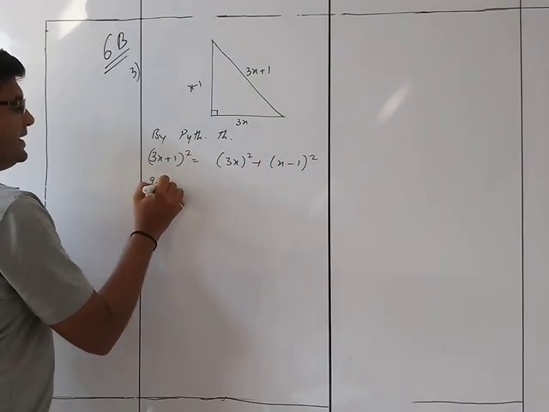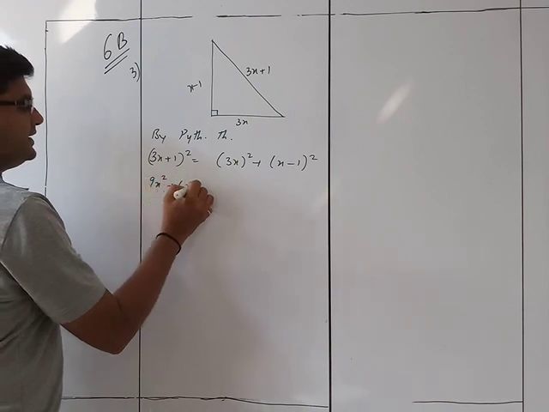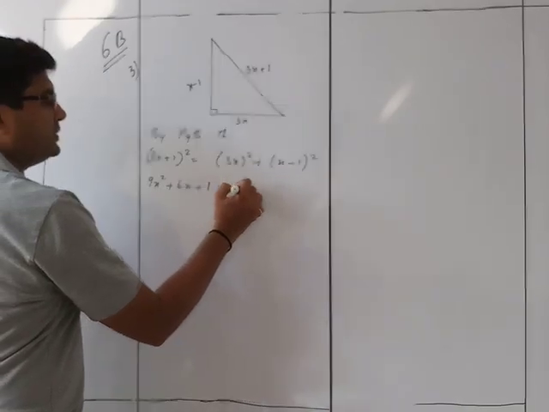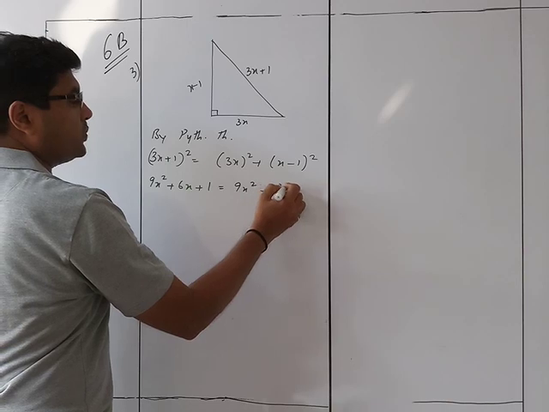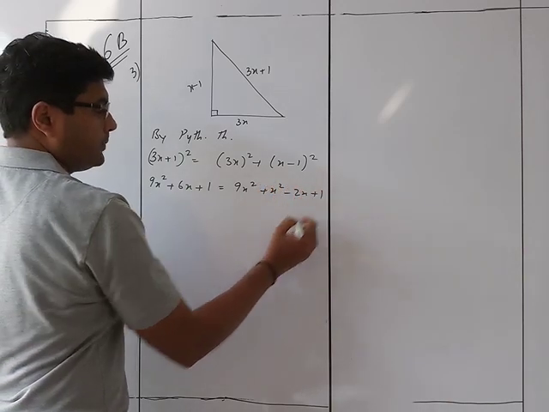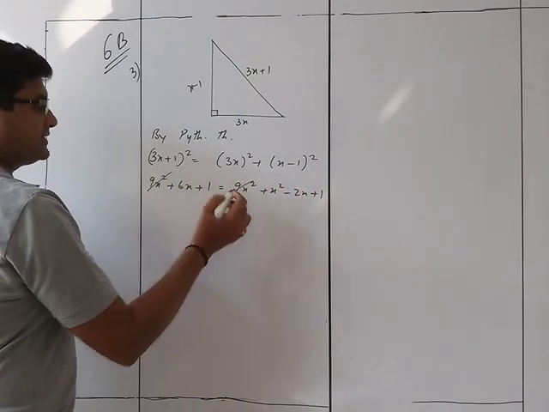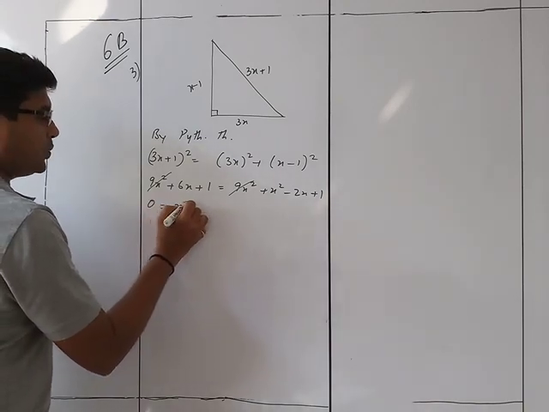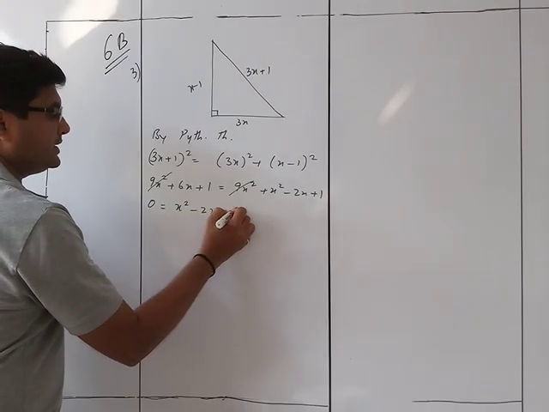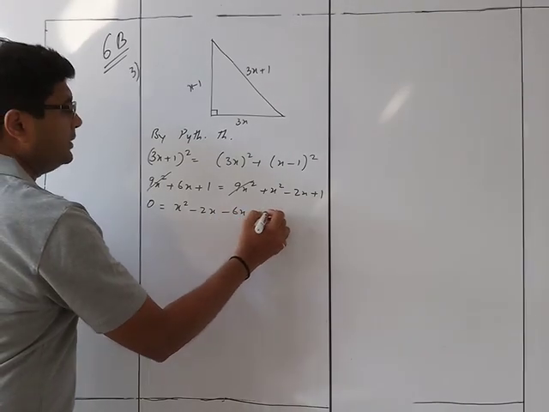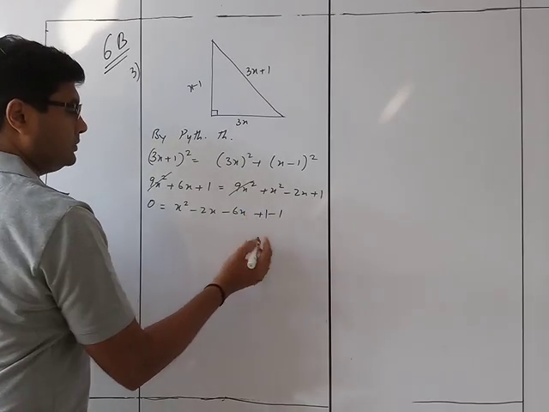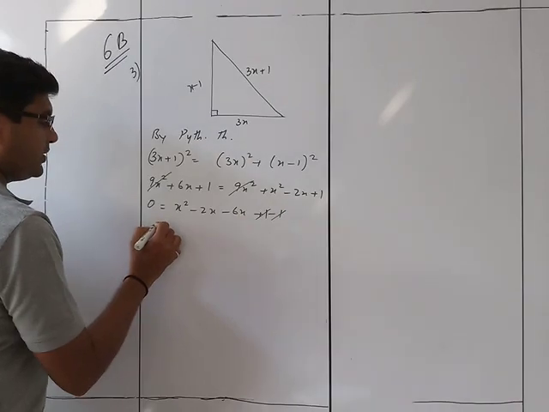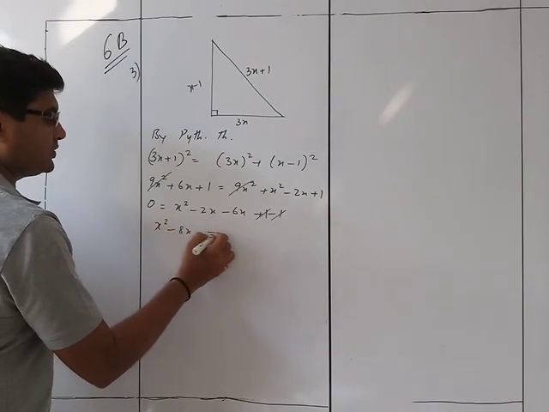That gives me 9x square plus 6x plus 1 is equal to 9x square plus x square minus 2x plus 1. 9x square gets cancelled. Bringing everything on this side, we get 0 is equal to x square minus 2x minus 6x plus 1 minus 1. So that also gets cancelled. So we got x square minus 8x is equal to 0.